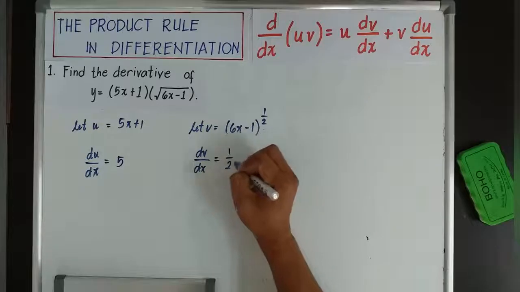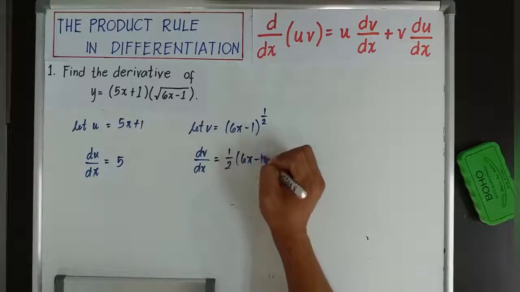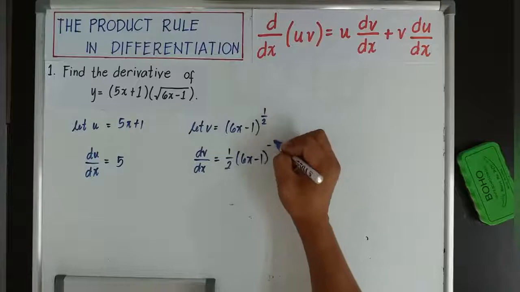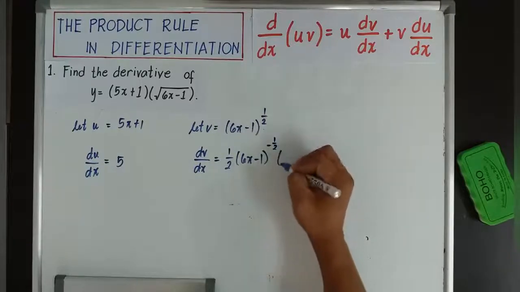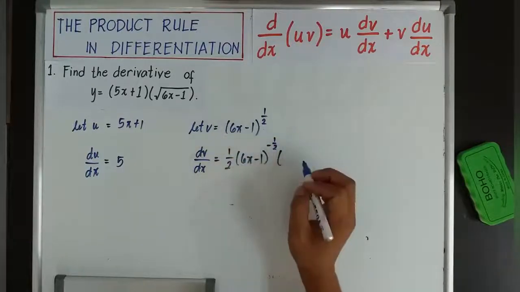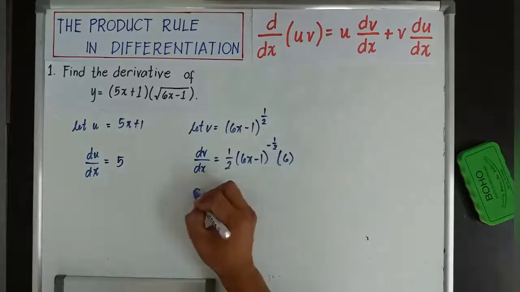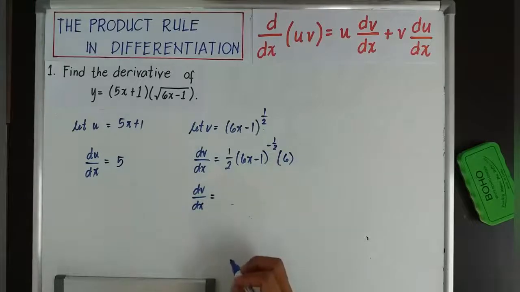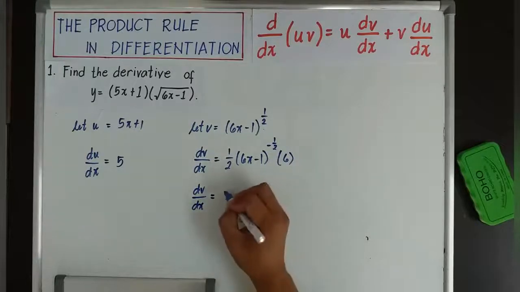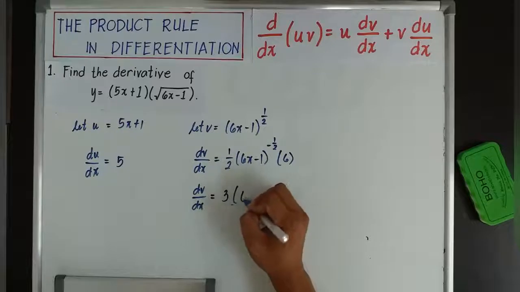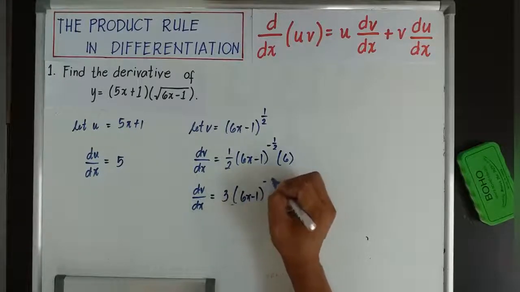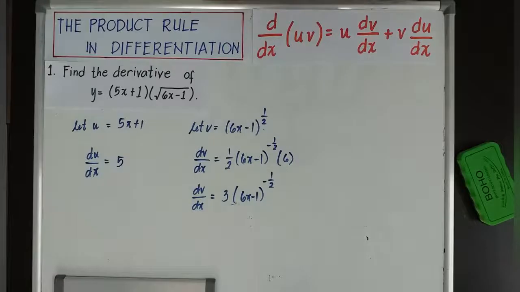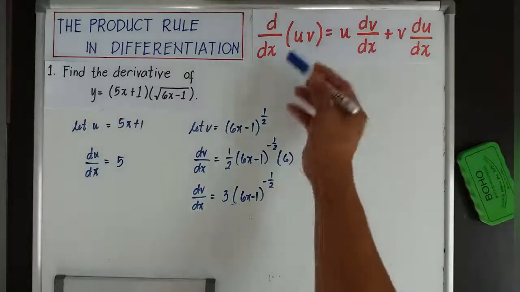I have 1/2 times 6x minus 1. What is 1/2 minus 1? It is negative 1/2. Multiplied by the derivative of 6x minus 1, which is 6. Basically dv over dx is equivalent to 3 times 6x minus 1 to the power of negative 1 over 2. Clear.